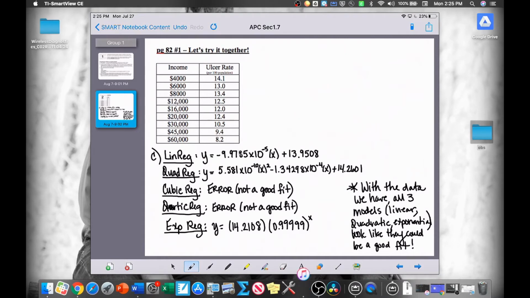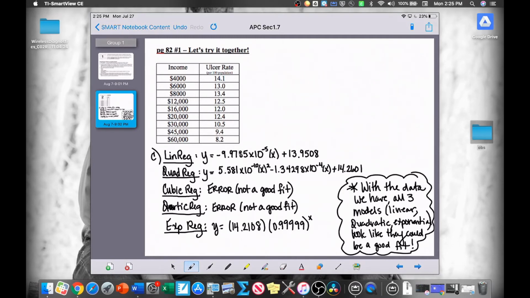Okay. And as far as determining what the best fit is, well, sometimes you just have to go with your gut and say, I think the best fit is quadratic, or I think the best fit is exponential. Sometimes it's very obvious which one is the best fit, but if there's ever kind of a gray area, I would probably take multiple answers for the question based on the fact that there's a little bit of a gray area.